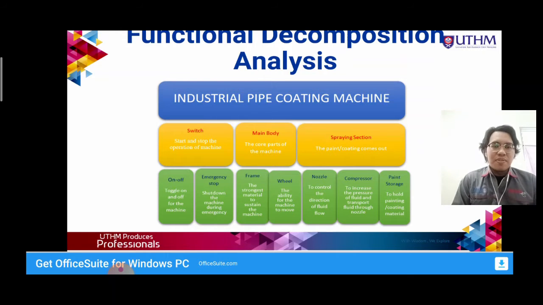Okay, next we have the spraying section. The spraying section has 3 parts under it, which are the nozzle, the compressor, and the paint storage. The nozzle is used to spray the paint onto the pipe, and the compressor is used as the method of transport of the fluid through the nozzle. And then the paint storage is to store and hold the coating and the paints.